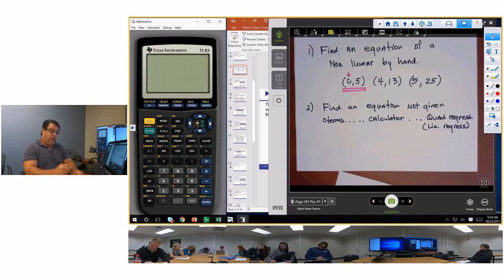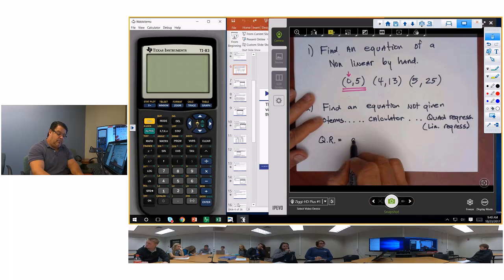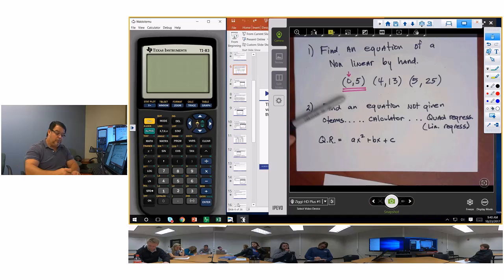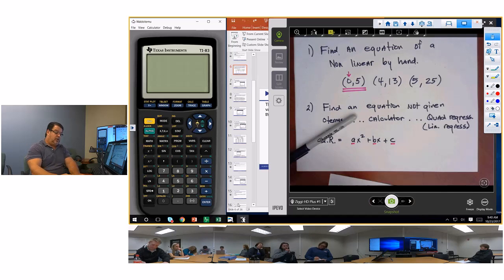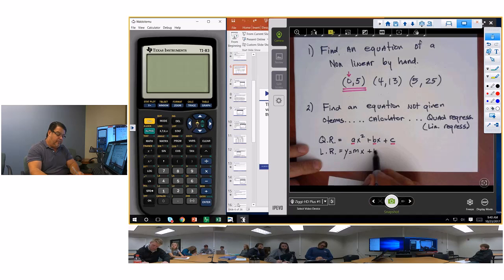And the quadratic regression gives you ax squared plus bx plus c. It gives you a, b, and c, and then you plug it in. The linear regression, I think I went over this with you, gives you m and what? y equals mx plus what? b.